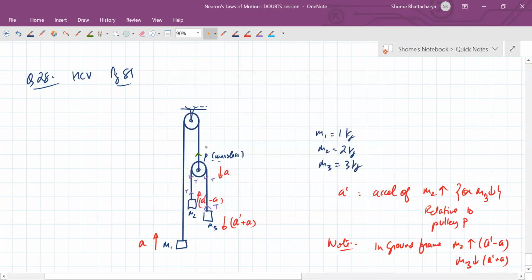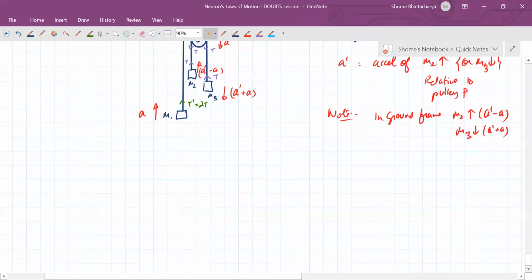Double of that. So if this is T prime, this will become 2T. Okay, so tension is clear to all of you? Okay. So now it's just down to making the free body diagrams.